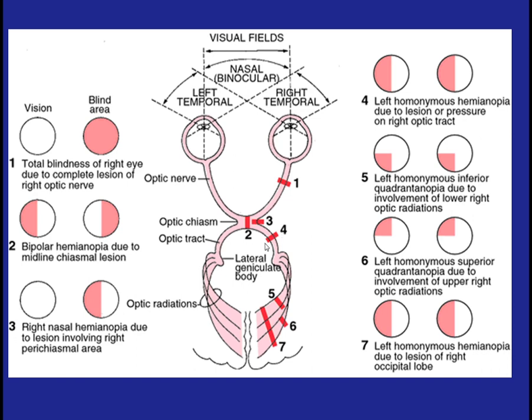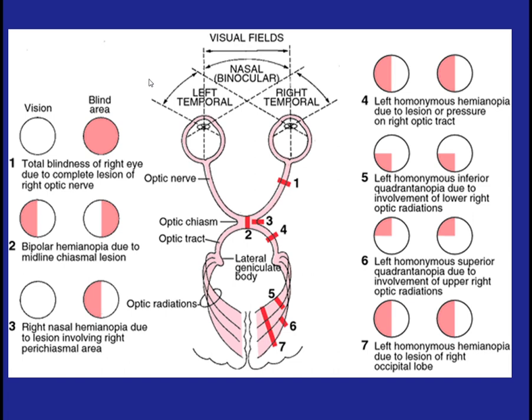Because this tract, in this case the right optic tract, and other structures, the radiation and cortex after this point, receive information from the ipsilateral halves of the retina of both eyes and the contralateral visual fields.